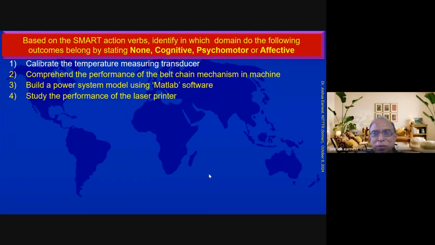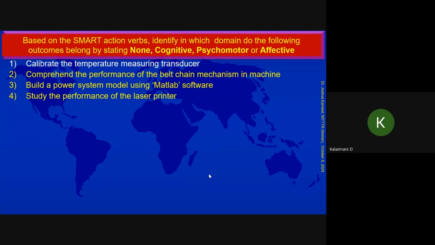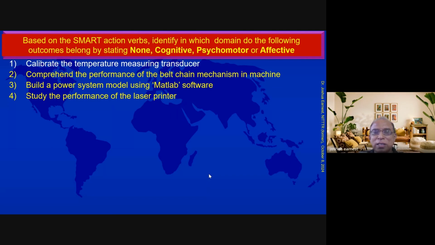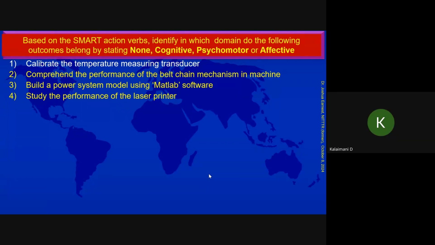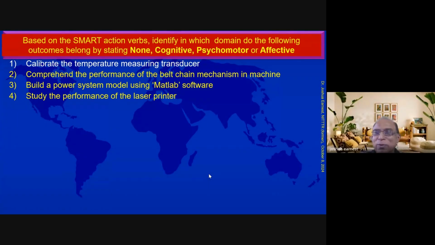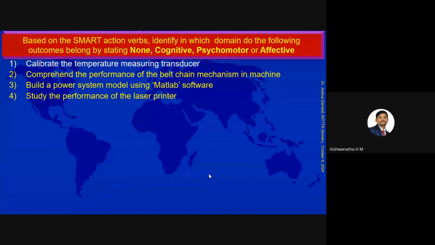Study the performance of the laser printer. Which domain? Cognitive. Who said that? Kalaimani. Anybody else has any other answer? I think it is psychomotor, sir.